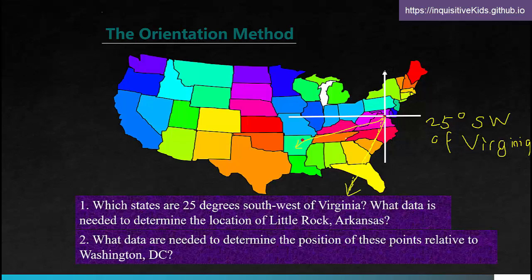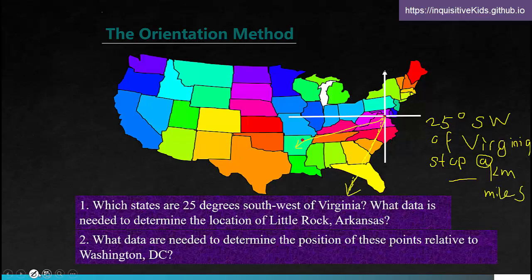Well, you could find the distance between Little Rock and Virginia. This point right here, that's Washington D.C. And you can say stop at whatever distance, say kilometers or miles.